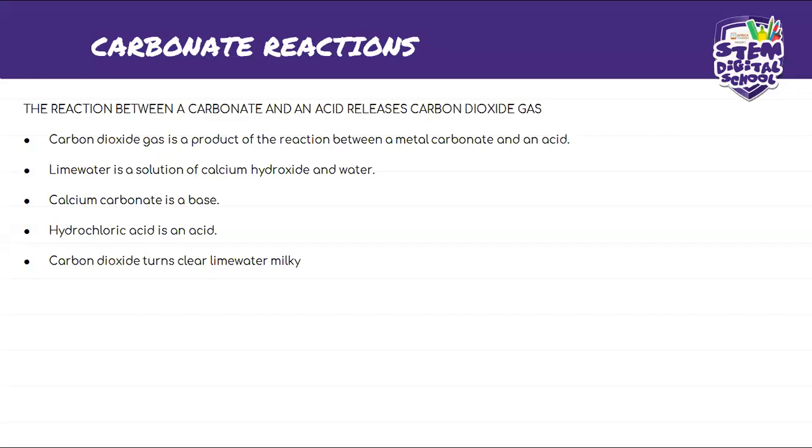Sometimes if you want to neutralize something, let's read before I say what I want to say. Carbon dioxide gas is a product of the reaction between a metal carbonate and acid. Lime water is a solution of calcium hydroxide and water. If you have an acid and calcium hydroxide, then you can balance or neutralize it.